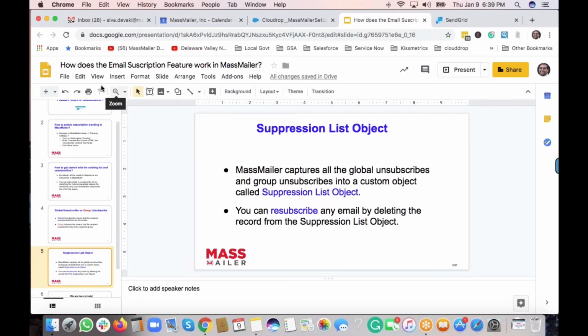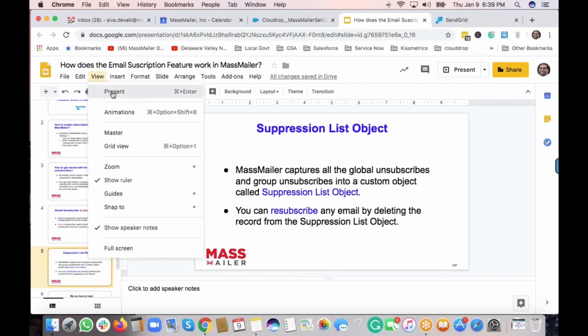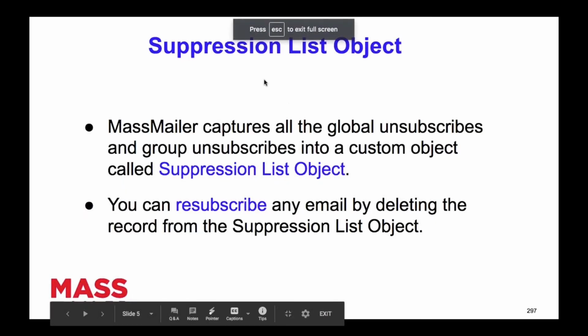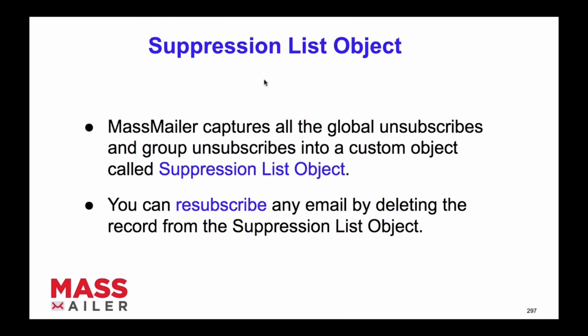And then finally, we capture all the suppressions, such as global unsubscribes and group unsubscribes, in a custom object called the suppression list object. If you ever want to resubscribe someone, you just have to delete the particular record in Salesforce, and then they would be resubscribed to that specific group or to all the emails that you're sending, which is global.